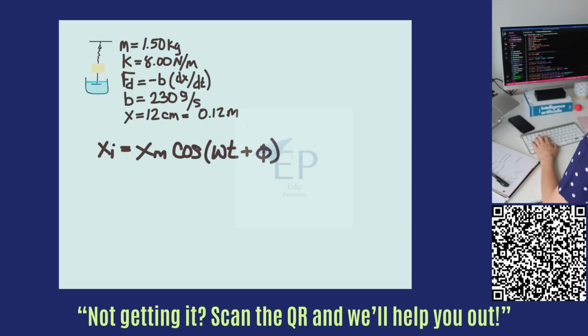And then our damping equation that we're going to use to find amplitude, because we're trying to find out the time where our amplitude is damped, is x(t) equals x_m e to the negative bt divided by 2m times cosine omega t plus phi.